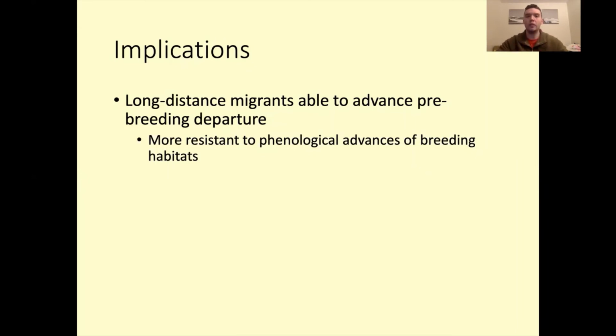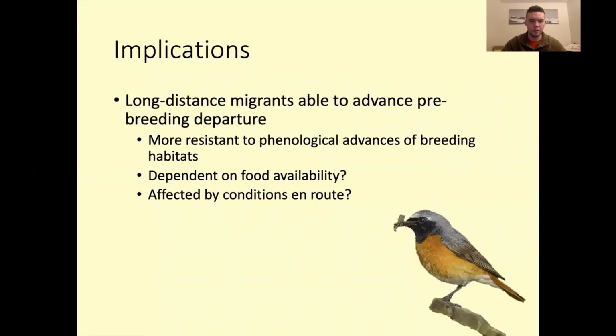So while those breeding habitats continue to advance the timing of the peak food source, we considered that long distance migrants weren't able to keep up with this. However, if they're able to advance from the non-breeding areas earlier each year, we might eventually get to a stage where they are actually keeping up with those advances in their breeding ecosystems.